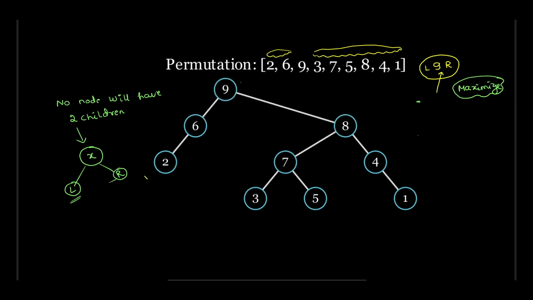So if you want to find out the max depth of this tree that is rooted over here, then you can find out the max depth of this subtree and the max depth of this subtree, and the max depth of root would be equal to 1 plus the maximum of max depth of left child and max depth of right child.